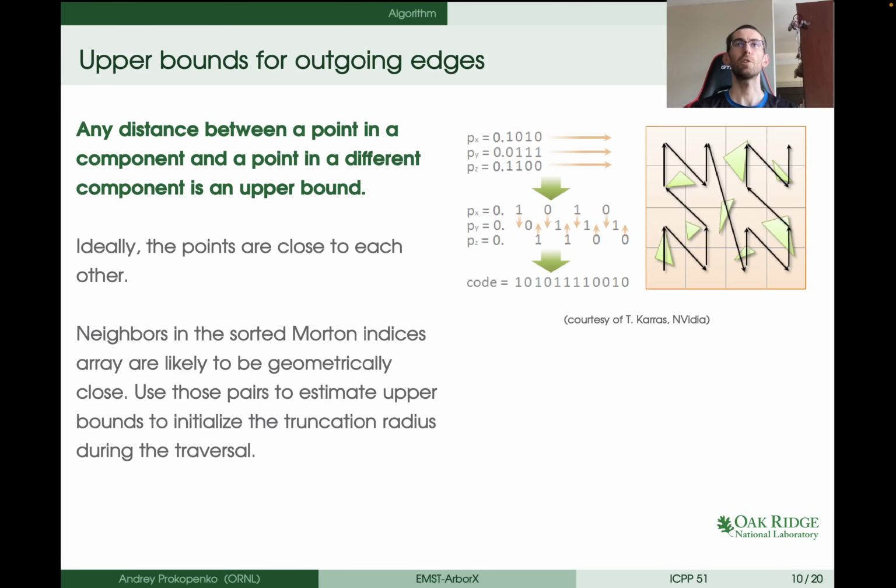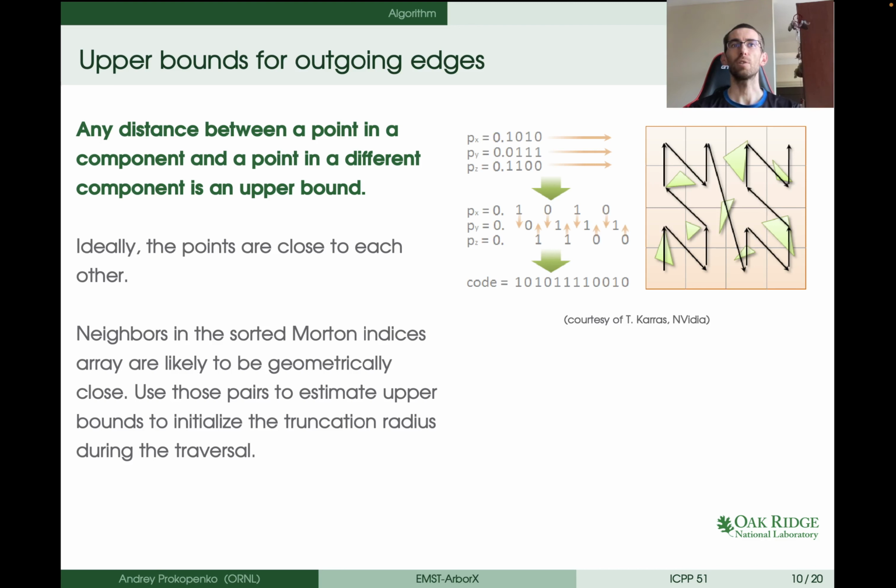The second optimization that we do is using upper bounds for the shortest outgoing edge for each component to reduce the number of distance calculations. If we are given a pair of points and those points belong to different components, then the distance between those 2 points can be used to produce an upper bound on the shortest outgoing edges for each component.